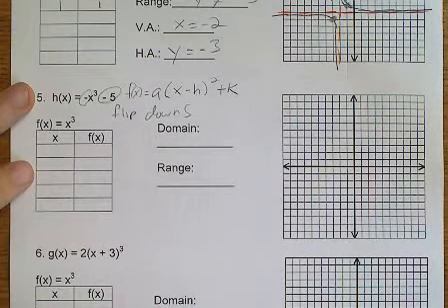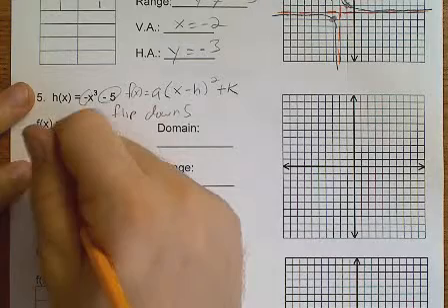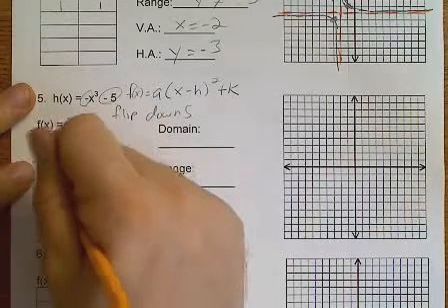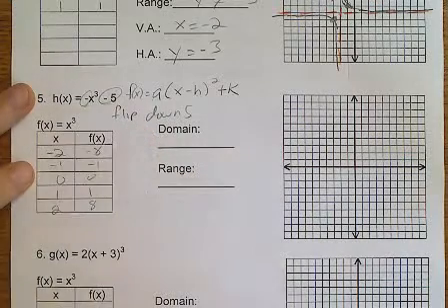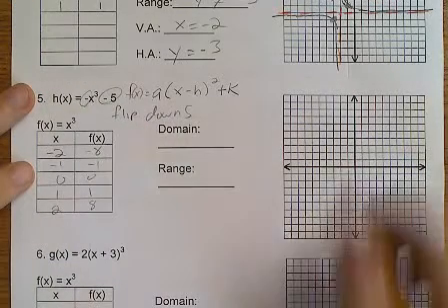Put our parent values in, -2, -8, -1, -1, 0, 0, 1, 1, and 2, 8. -2, -8.